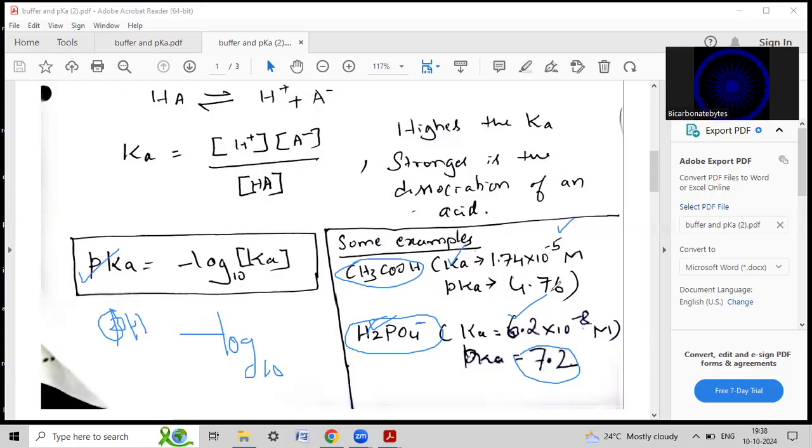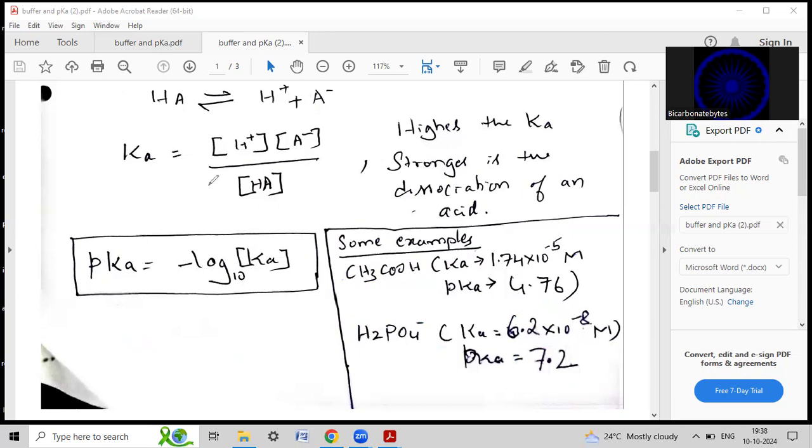If it is exactly equal, all the better, because when the buffer is held at the pKa of the acid or the pKb of the base that is used, the buffering capacity of such buffers is going to be the best for that given concentration of the buffer. So I wanted you to appreciate the value of pKb or pKa when it comes to preparing buffers.